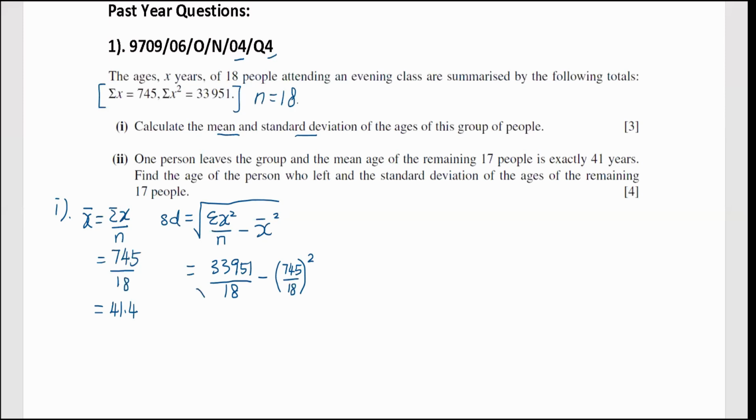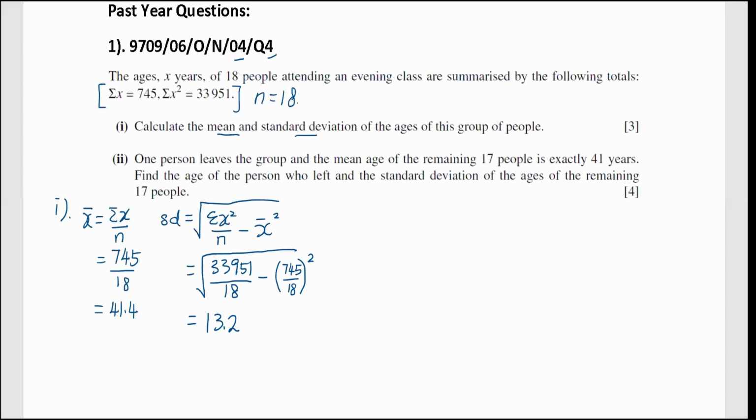And because we are looking for the standard deviation, we square root it. We use a calculator and calculate the value to be 13.2. All right, so that is the mean and standard deviation for this group of 18 people.